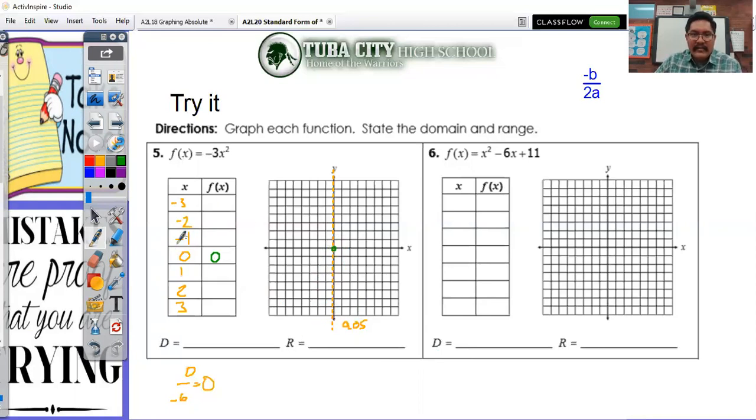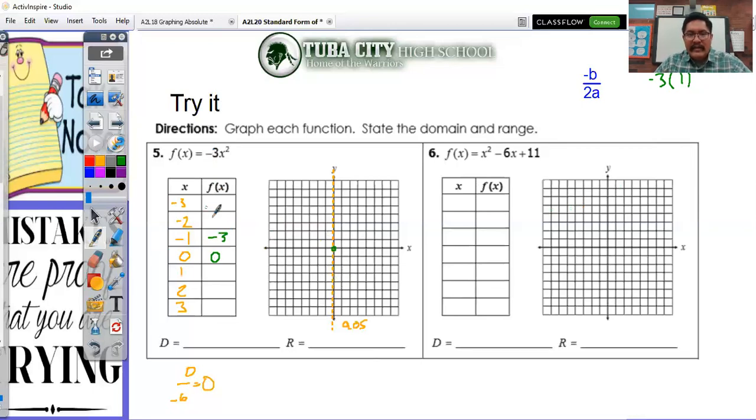Now let's continue plugging these in. So negative 1. If you need to, I would highly recommend that you write these out. So negative 3 times negative 1 squared. Negative 1 times negative 1 is going to be positive 1, and positive 1 times negative 3 is going to be negative 3.